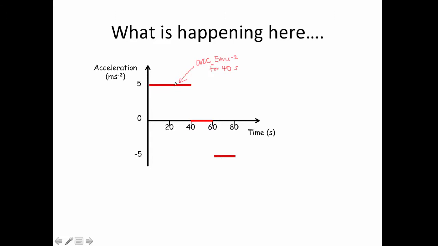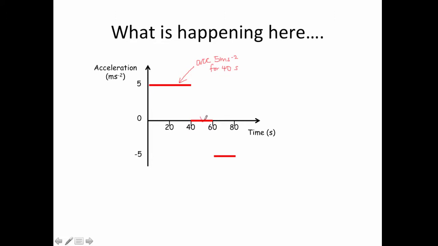We're saying that at 40 seconds it suddenly has 0 acceleration, so the change in acceleration is instantaneous. That's a modelling feature. It has its limitations, but for the moment we just need to be aware that this instantaneous change in acceleration is what we're dealing with. After it's accelerated at 5 meters per second squared for 40 seconds, it suddenly has 0 acceleration.